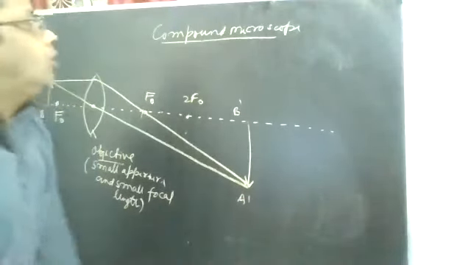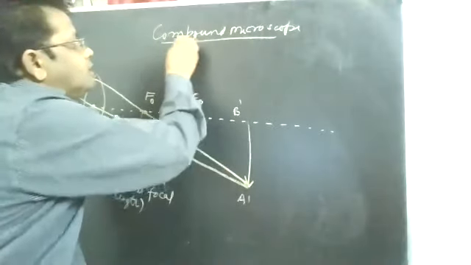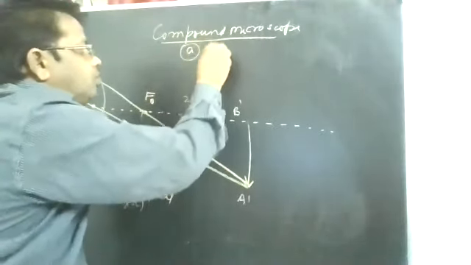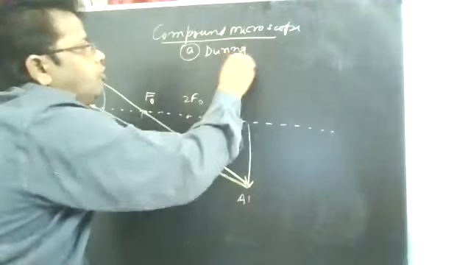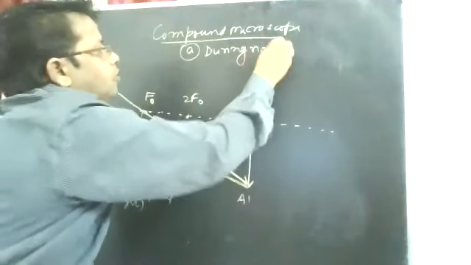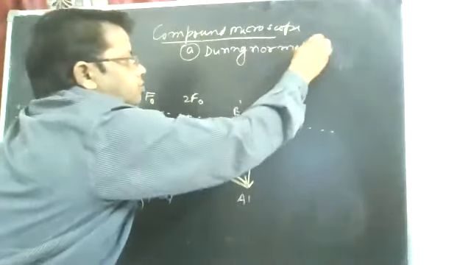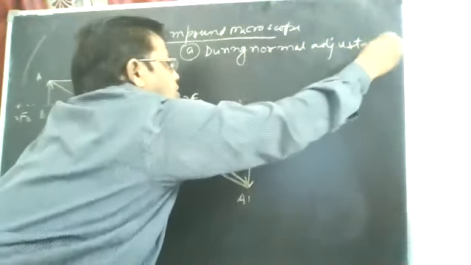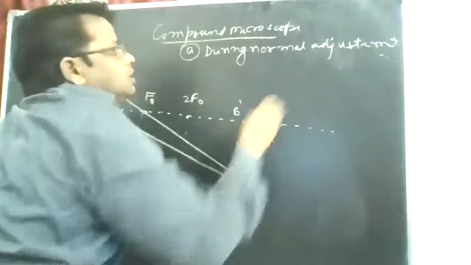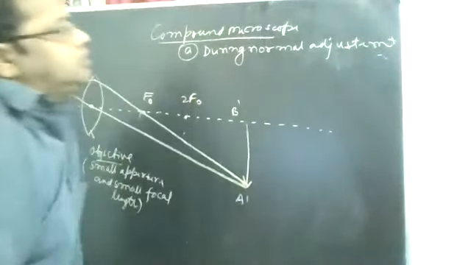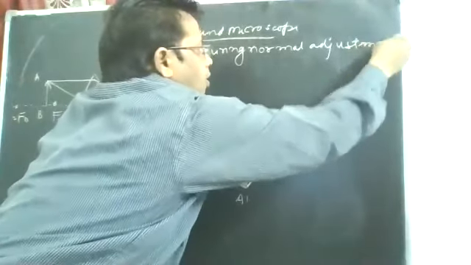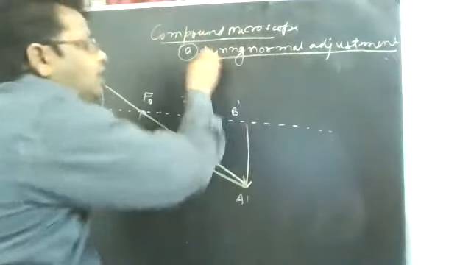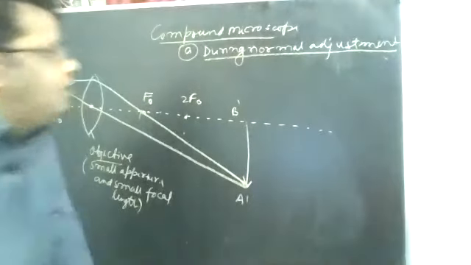Now, for the compound microscope, first we will discuss normal adjustment. During normal adjustment, our ciliary muscles become relaxed and the final image forms at infinity.